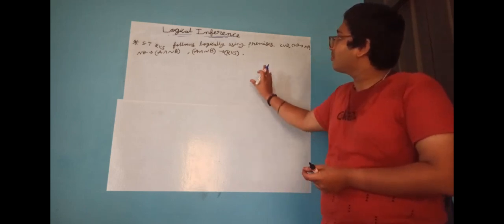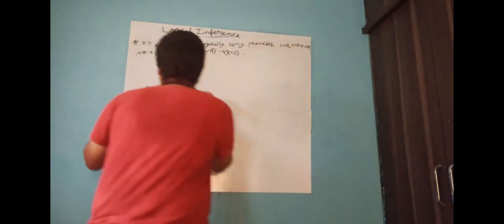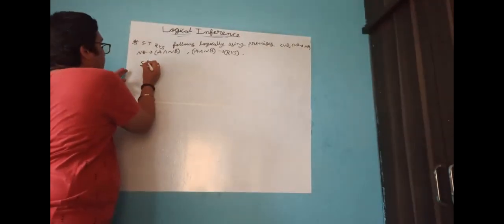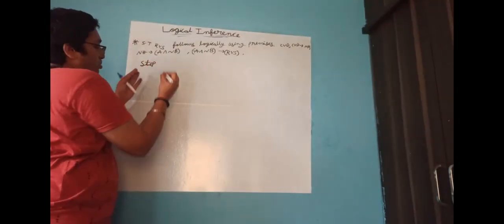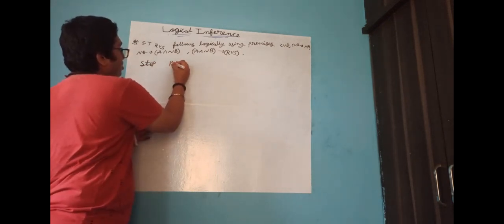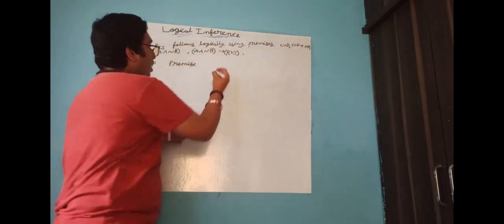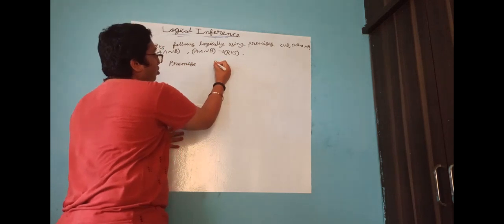Now, for solving the problem, you need to make four columns. What are those? Step, meaning step 1, 2, 3, 4 and so on. Next, premise, meaning what you are going to introduce or what we are going to get. Next comes rule.